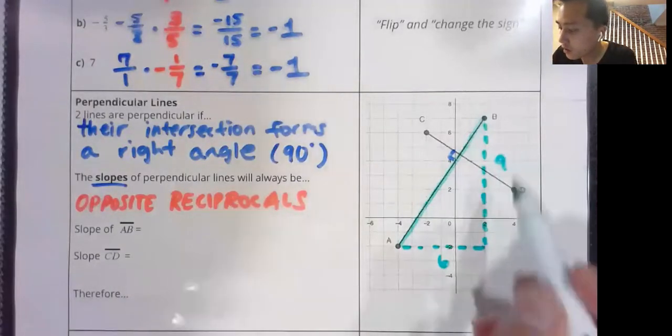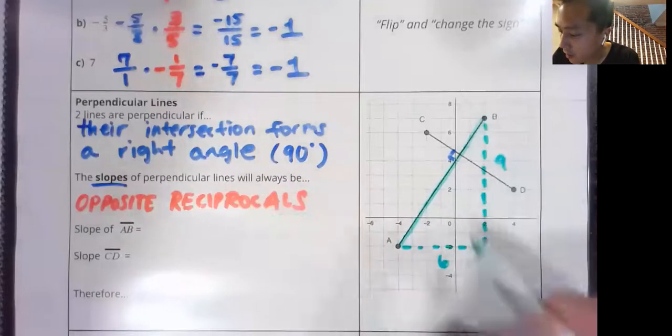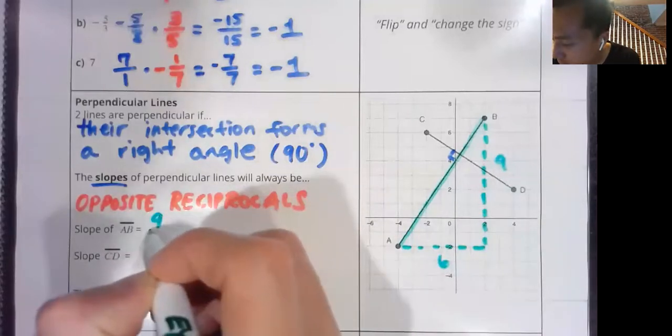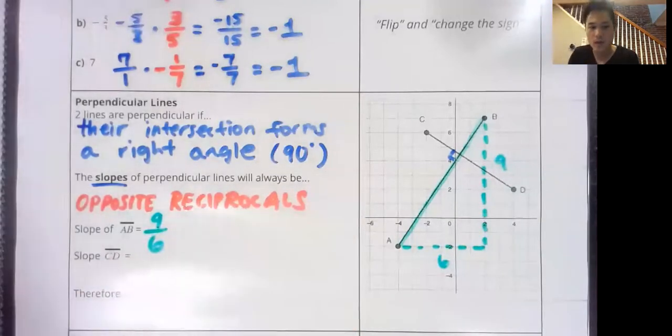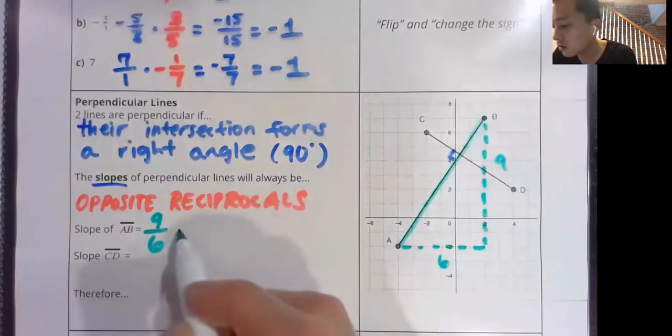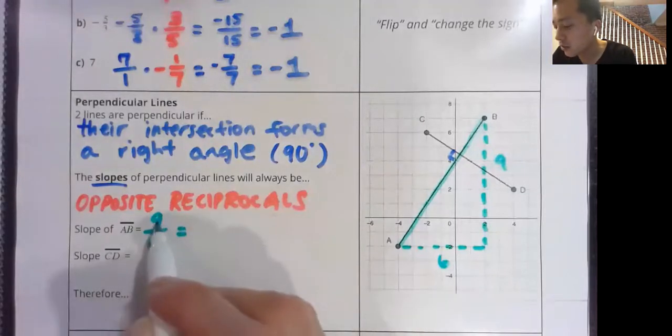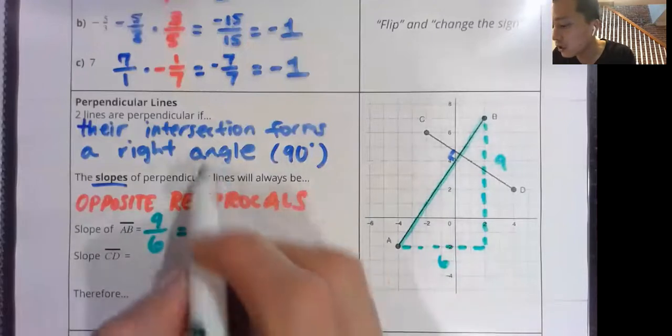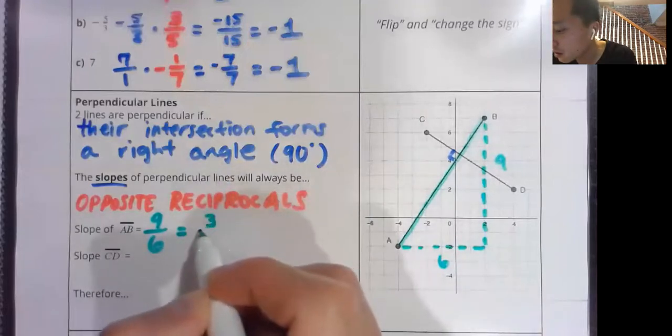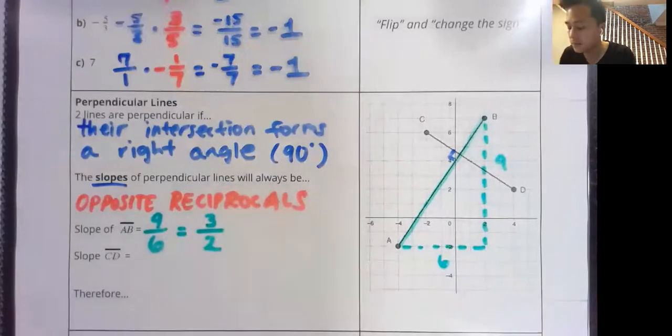So the slope is change in y over change in x, so 9 over 6. That we can simplify by dividing both numerator and denominator by 3, which gives us 3 over 2.